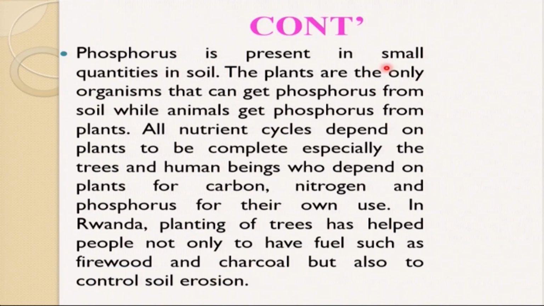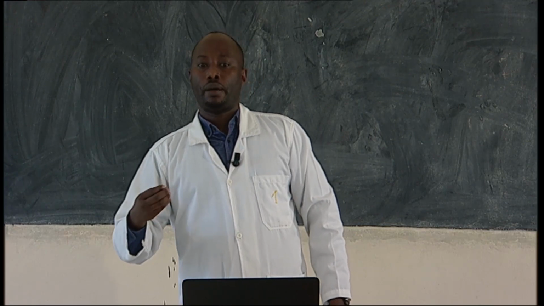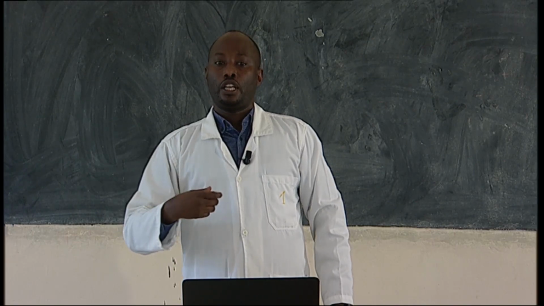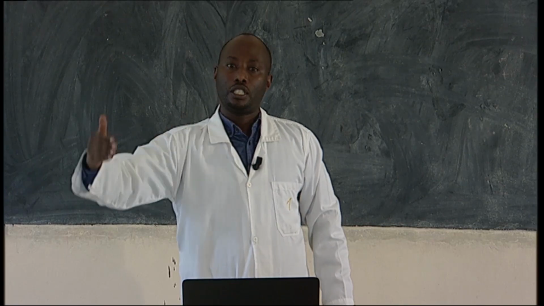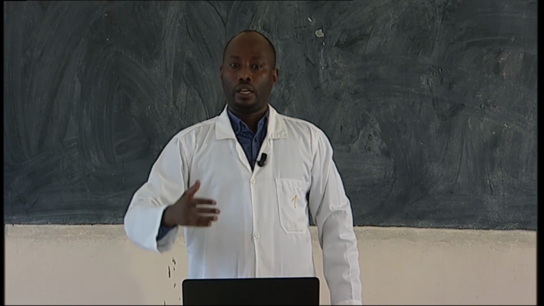So phosphorus is present in small quantities in the soil. The plants are the only organism that can get phosphorus from the soil, whereas animals get phosphorus by absorption or by eating the plants. All nutrient cycles depend on plants. We have seen that plants are very important because they are the ones that make these nutrient cycles keep saturating on the earth.